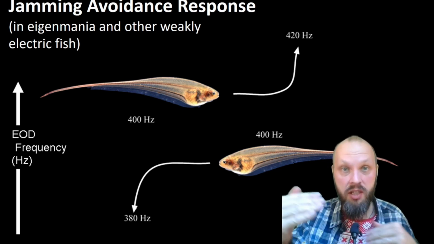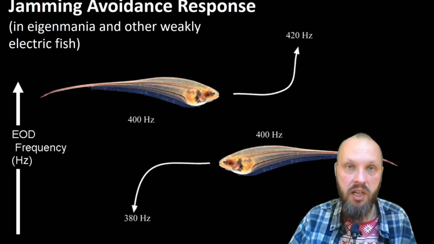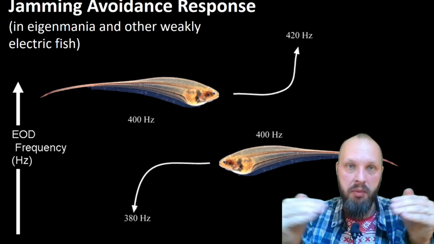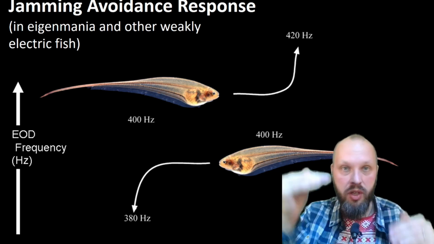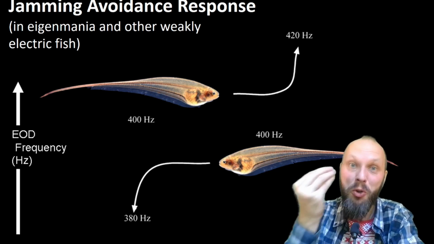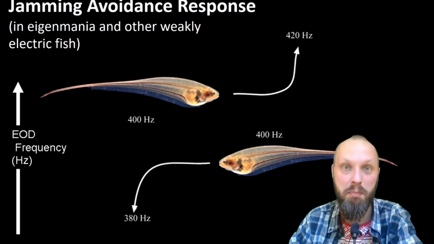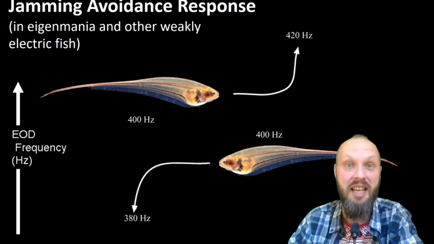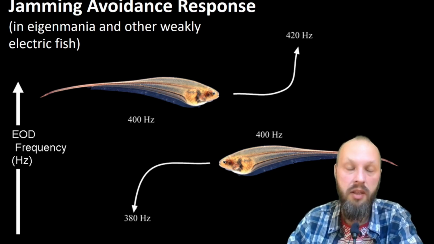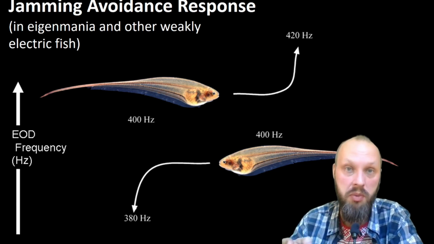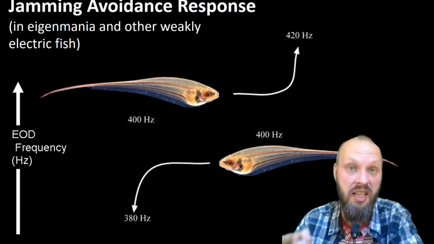They have to diverge their frequencies because they're sensing the environment, but they don't want to jam each other. They have to change the frequencies at which they operate. And who goes higher, who increases its frequency and who lowers its frequency, depends on the social status. Isn't it cool? The interesting thing about jamming avoidance response is that it's easy to study in a lab.